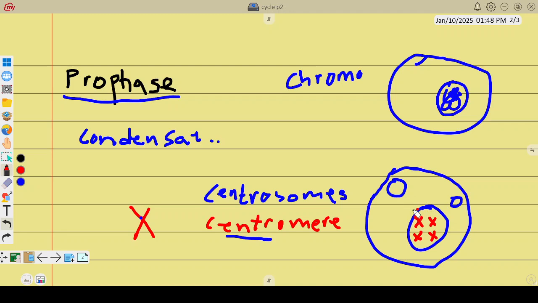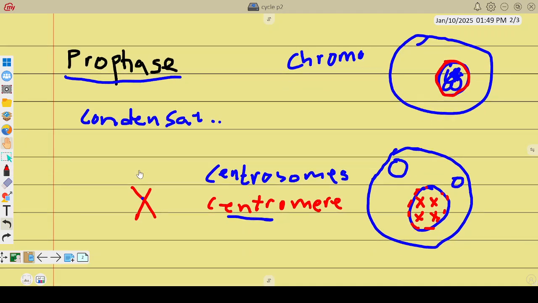Under prophase, this nuclear membrane which was here will now break down, so it will be in the form of dotted lines. The nuclear membrane will break down, and then the substance inside the nucleolus will also disappear.